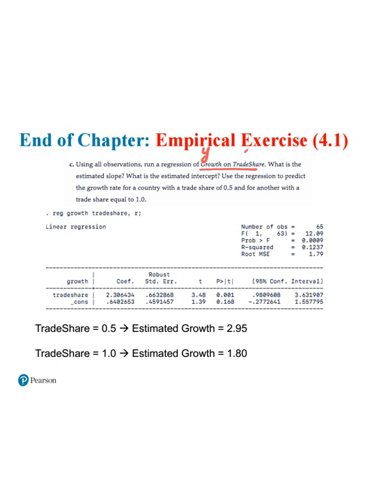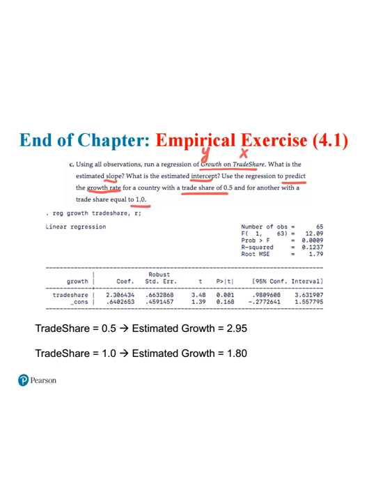Trade share is our independent variable. What is the estimated slope? What is the estimated intercept? And then we'll use that information to predict the growth rate when the country has a trade share of 0.5 versus when it has 1.0.